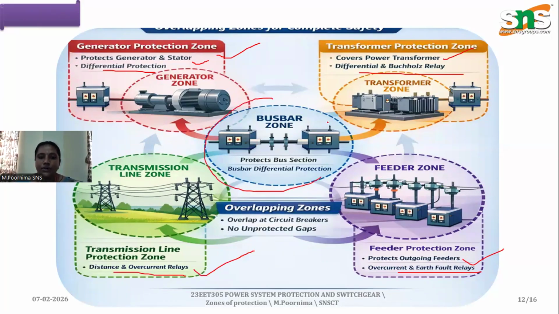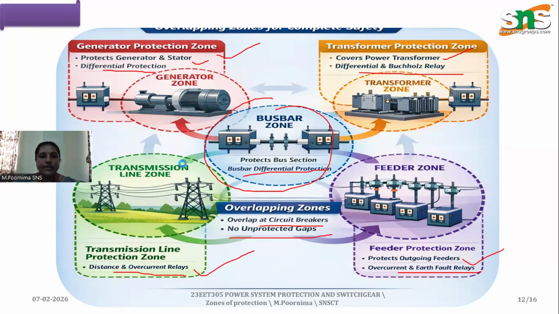Coming to bus bar protection, bus bar differential protection is used. And finding overlapping zones, here the overlapping circuit breakers give no protection gap. So when they overlap, with no protection gap, the entire system is protected.